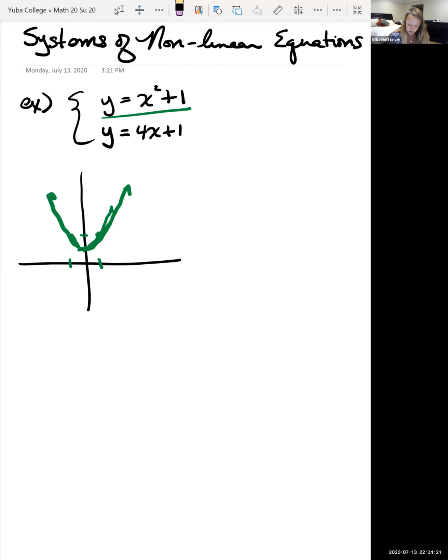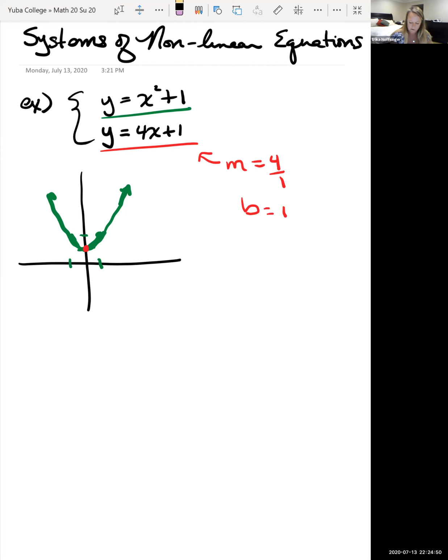And then I should be able to graph the other one, y equals 4x plus 1. Right away, I notice that that's a line, and it's already in slope-intercept form, y equals mx plus b. So I can tell my slope is 4, graph 4 over 1. And I can tell my y-intercept is at 1. So by plotting that, I know I have a y-intercept at (0, 1).